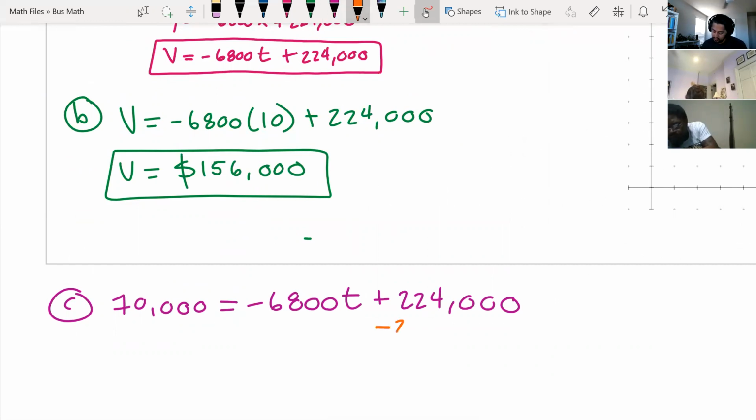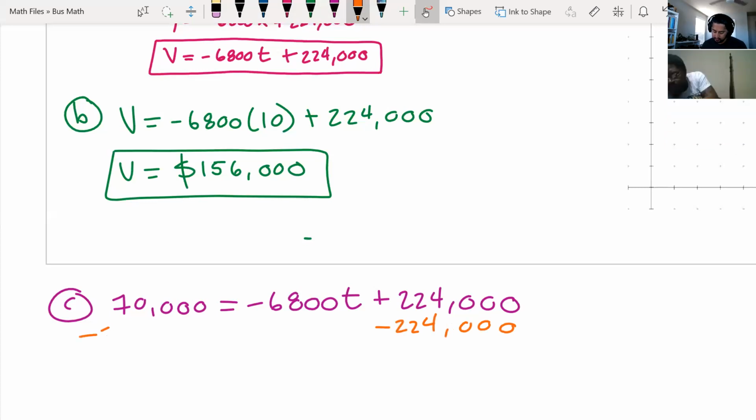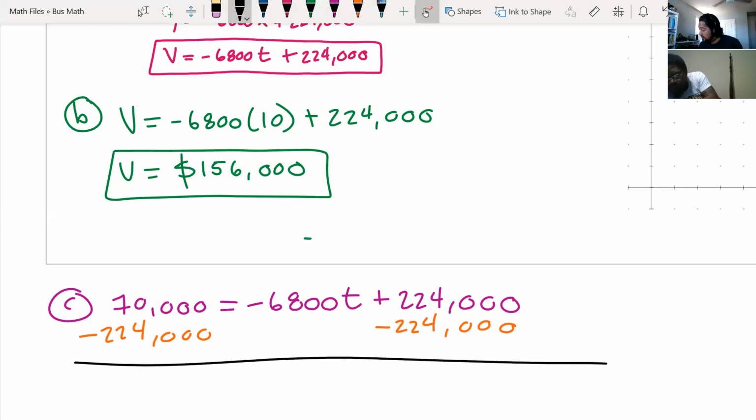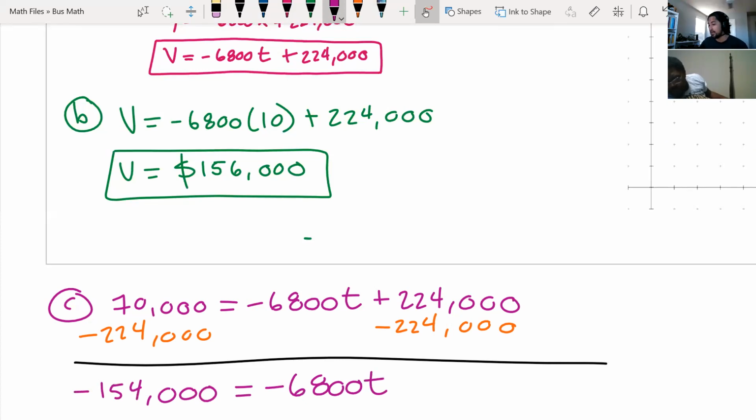So subtract 224,000. $70,000 minus 224. Don't forget any zeros. I get negative 154,000 equal to negative 6,800T.